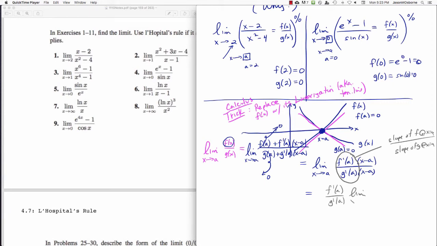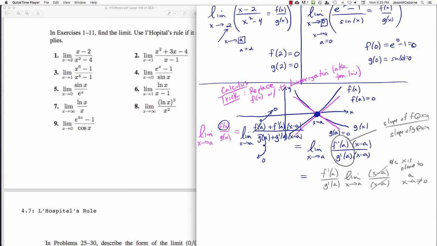And then we have the limit as x goes to a of x minus a over x minus a. Because x is only close to a, x minus a is never equal to 0. Since they're close but not equal, you can cancel them out without losing any information.